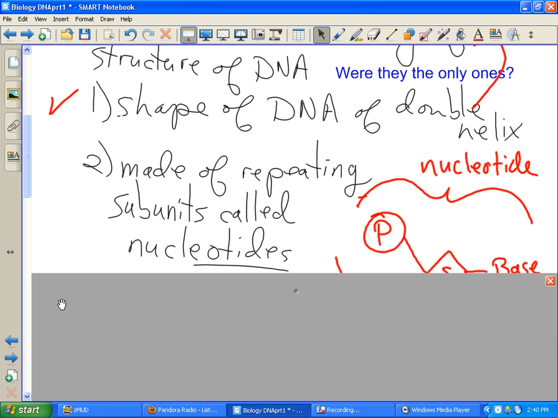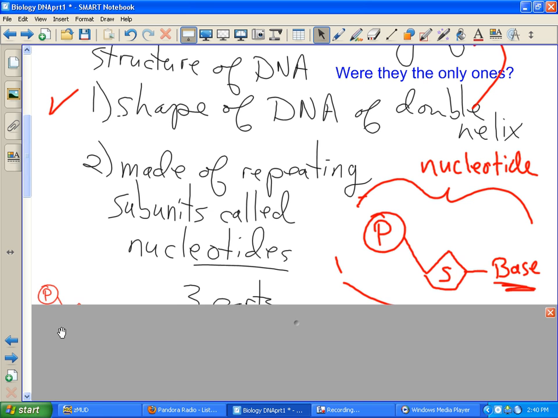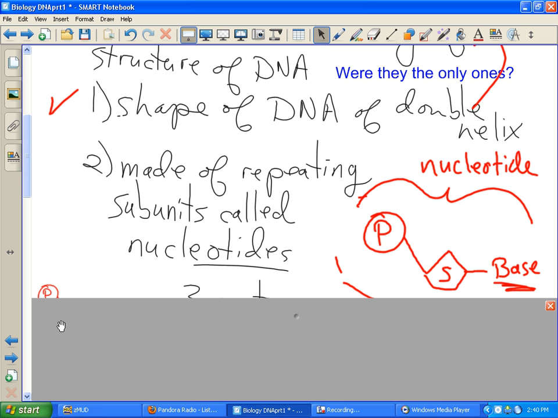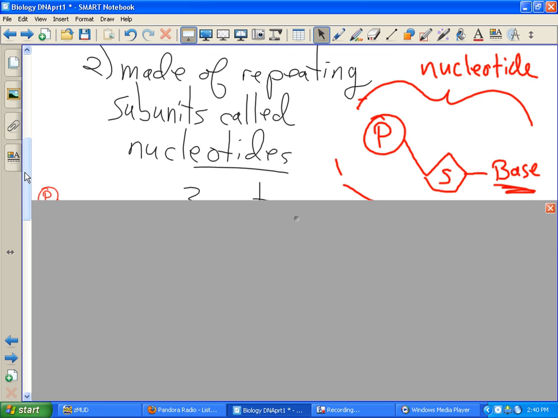The second major discovery that they put together was that DNA was made of some very simple building blocks that repeated over and over and over. These repeating subunits are called nucleotides. The structure of a nucleotide is relatively straightforward. There's three parts, as I've shown there on the right.